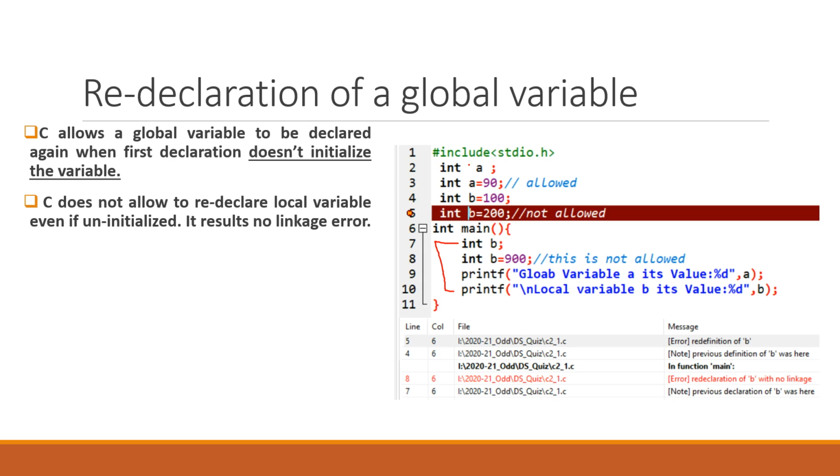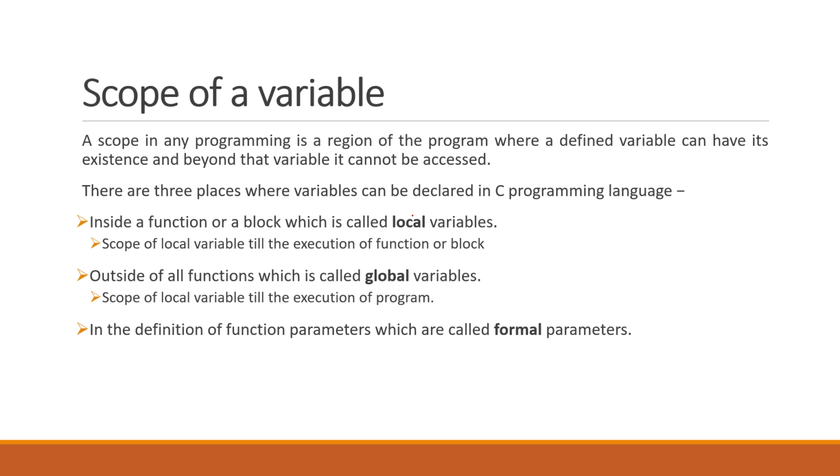Now, A is defined at the global level, so its scope is throughout the program. There are three different types of scope: one at the block level, second local, third global.